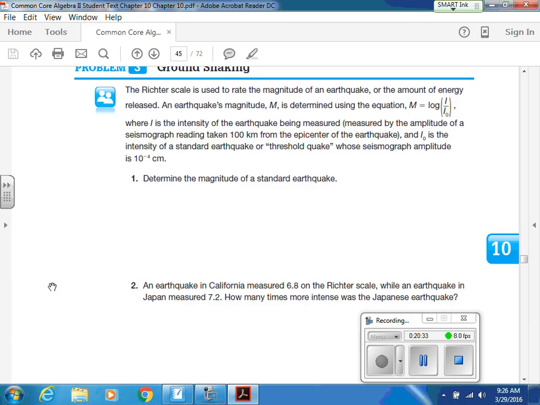An earthquake's magnitude, M, is determined by the equation M equals the log of I over I sub 0, where I is the intensity of the earthquake being measured by amplitude of the seismograph reading, taken 100 kilometers from the epicenter of the earthquake, and I sub 0 is the intensity of a standard earthquake whose seismographic amplitude is 10 to the negative 4 cm. Okay?